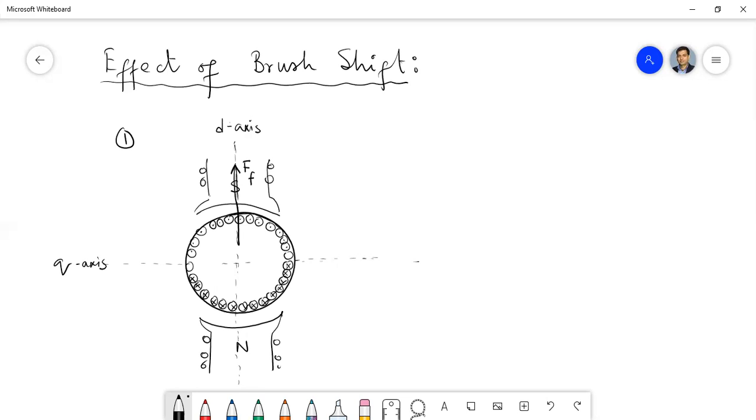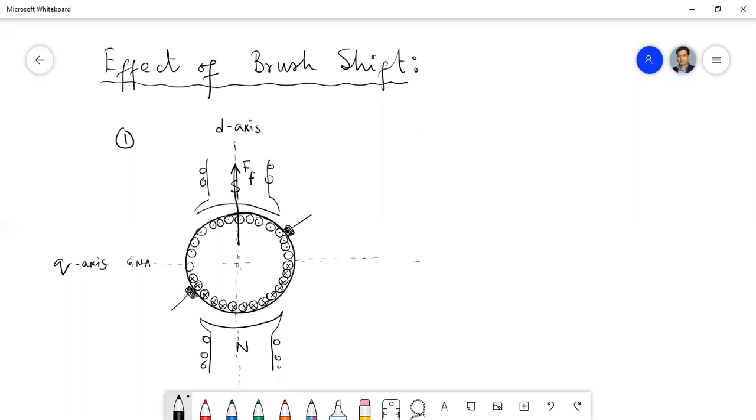Now suppose I have changed the brush to a new position, suppose here. So this is the new position of the brush, because as per the new MNA. Now you will ask me that already you have the GNA here, so why are you shifting there?